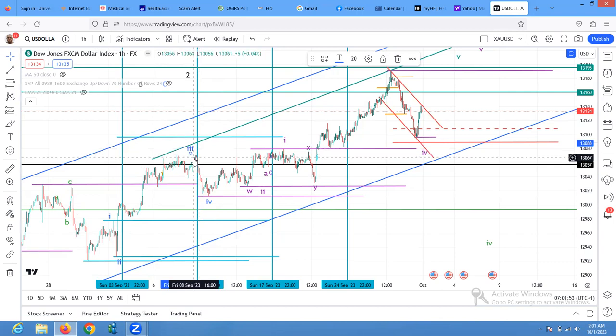So we can say probably this is like a 4 and this is like a 5 somewhere here, and before we add another move. This has finished a correction and this is a new move.